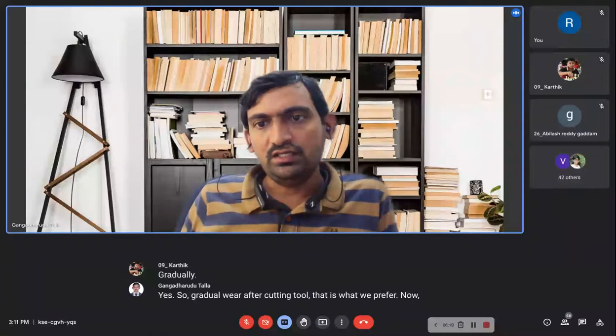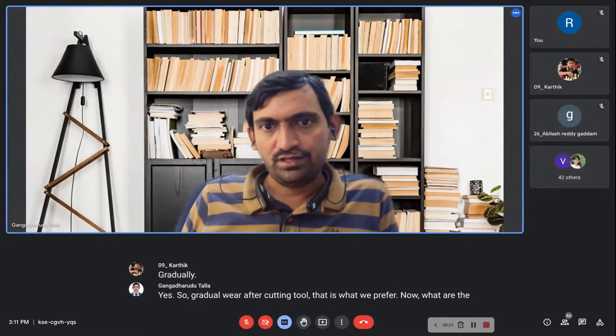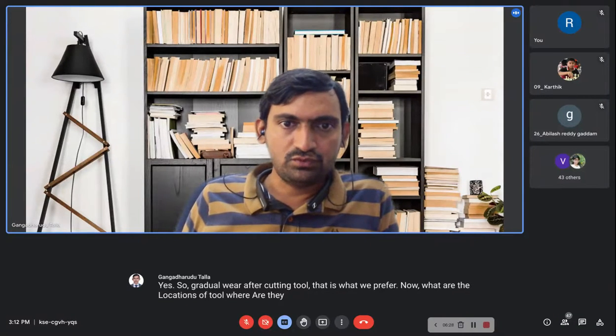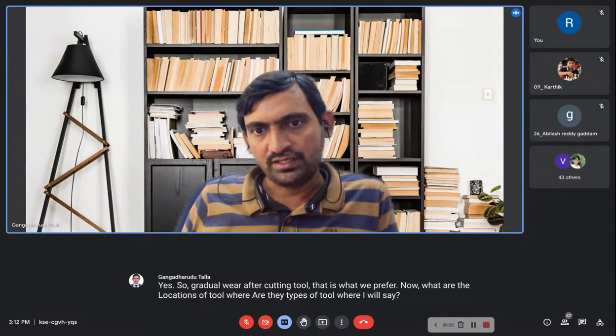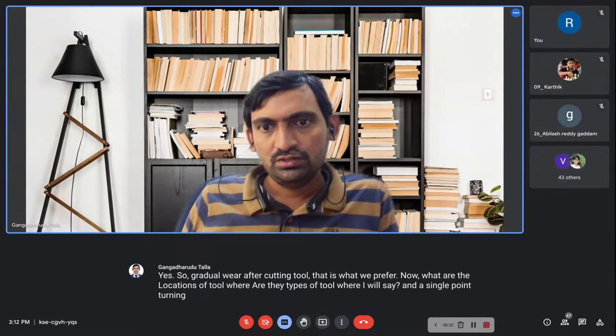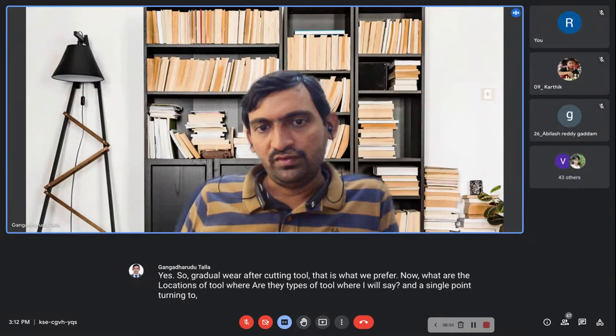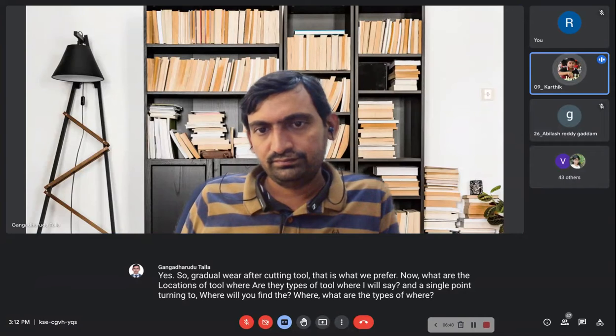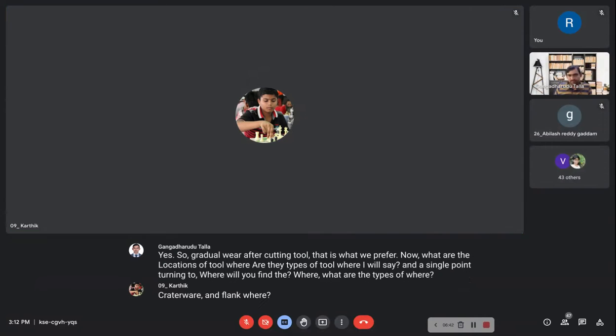Now, what are the locations of tool wear? Or the types of tool wear, I will say. In a single point turning tool, where will you find the wear, or what are the types of wear? Crater wear and flank wear. Yes.